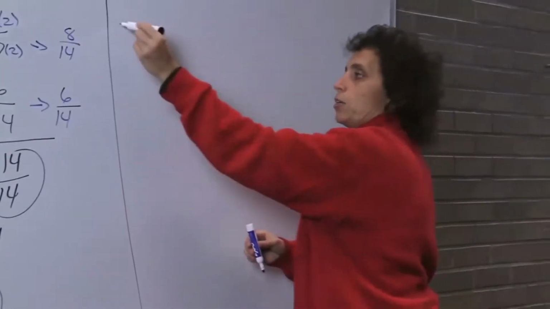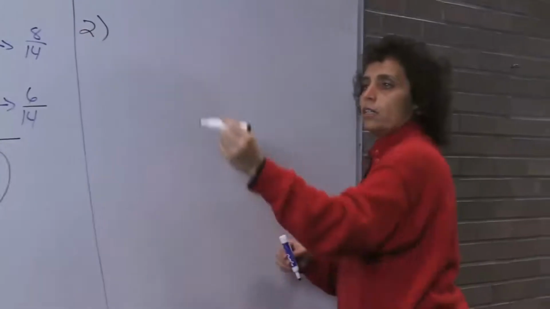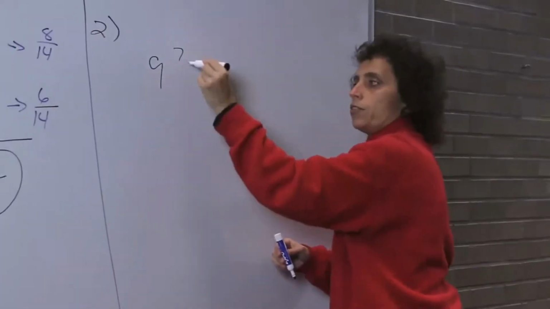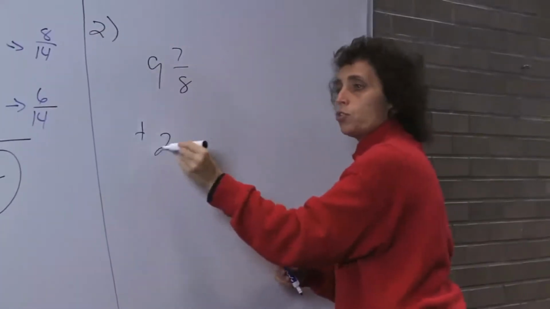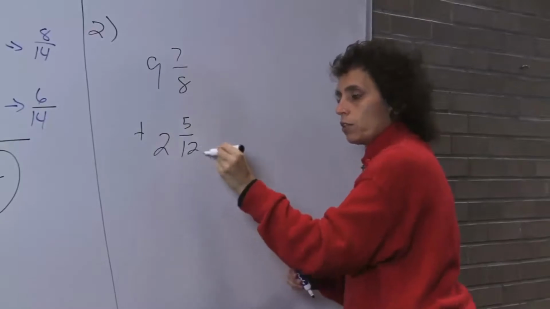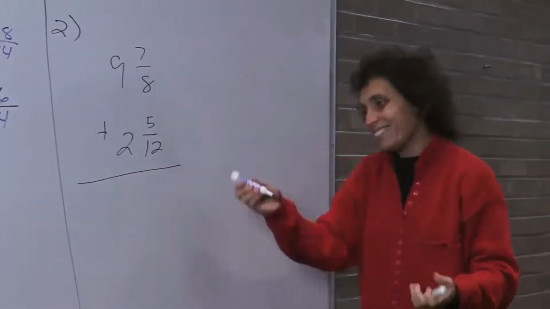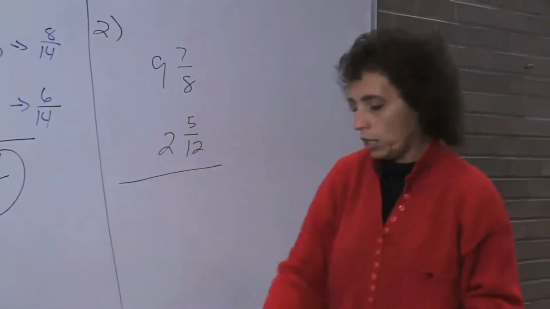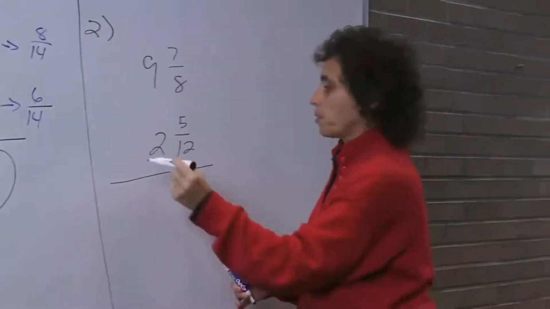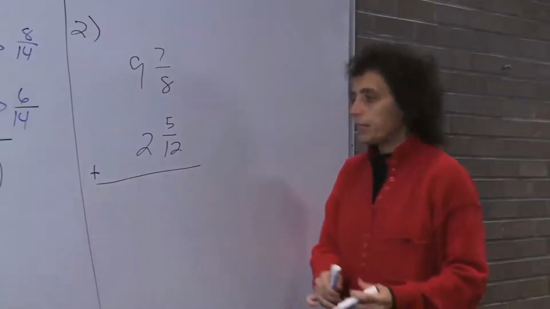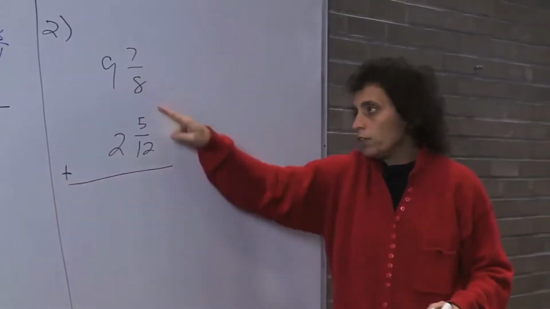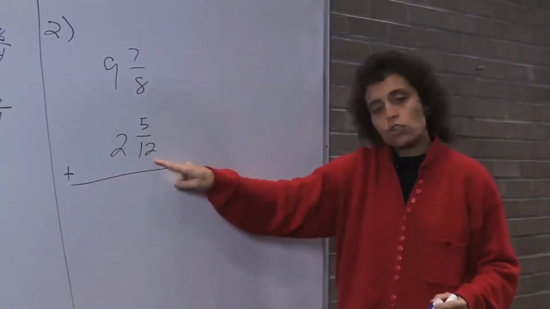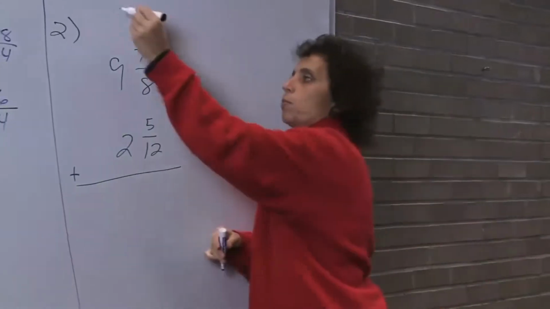So let's do number 2. Number 2 says 9 7/8 plus 2 5/12. You want it harder, don't you? Because this is too easy for you, right? Watch this one. This is kind of cool. This guy's floating here. Okay, let's get a common denominator. We want to see if we can use the 12. Well, 8 does not divide into 12 without a remainder, so we're going to have to take multiples of 12.